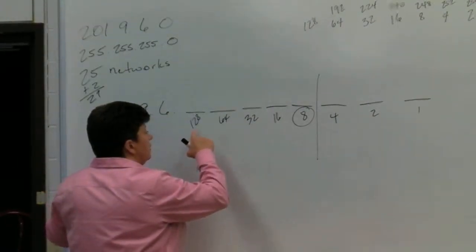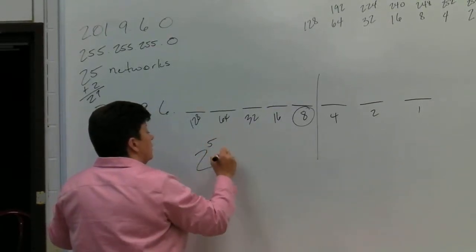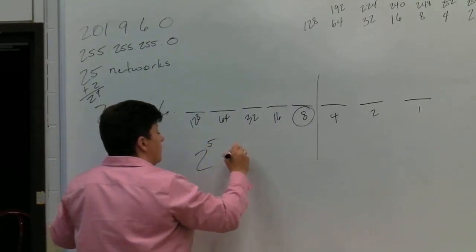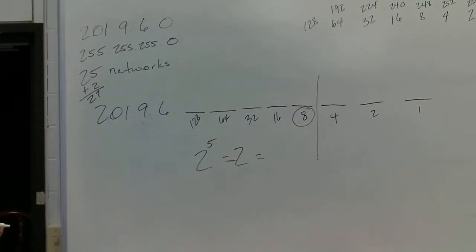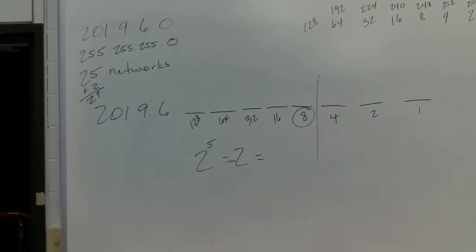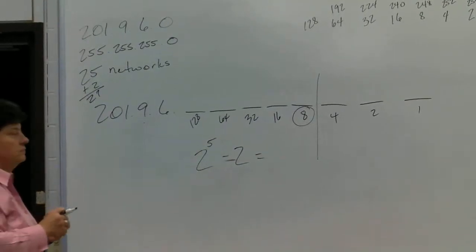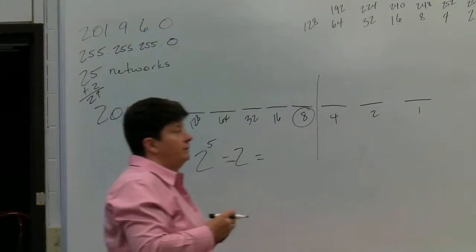So we'll do it on this side. 2 to the 1, 2, 3, 4, 5. Whoops, sorry. Minus 2. What's 2 to the 5th? Let me show you something.